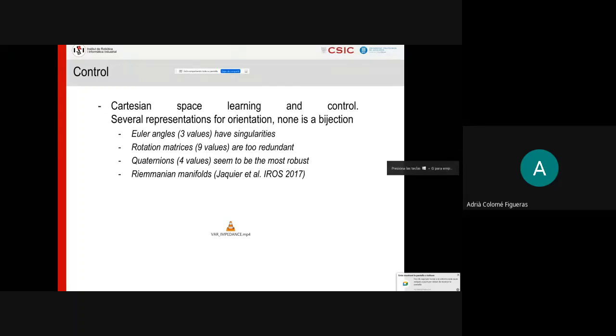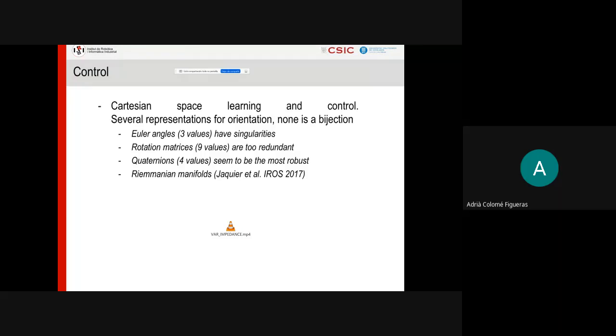Regarding control, another thing that we need to take into account is the representation of the orientation. There are several orientation representations, and they all present some problems when doing reinforcement learning. When we do reinforcement learning, we want the robot to generate new samples, and when we generate new samples, we don't want restrictions between them.